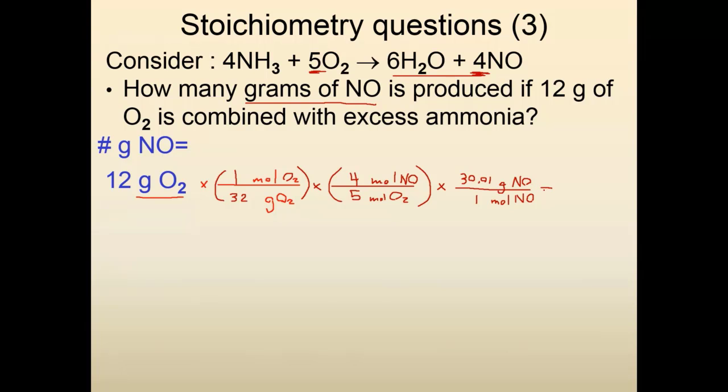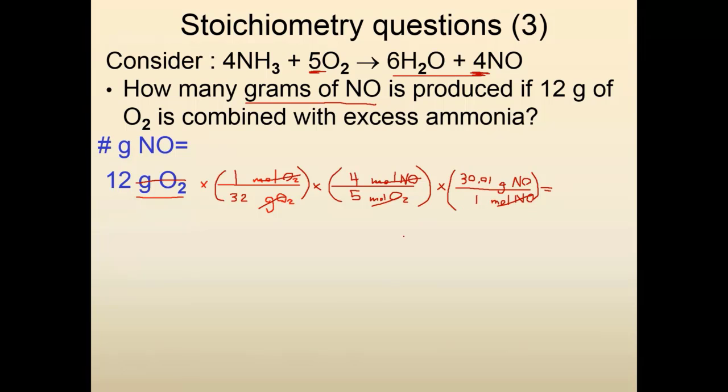And then all I have to do is check and make sure that my units are canceling properly. I have grams of O2 canceling with grams of O2. Moles of O2 cancels with moles of O2. Moles of NO cancels with moles of NO. And I'm left with grams of NO, and that's exactly what I want.